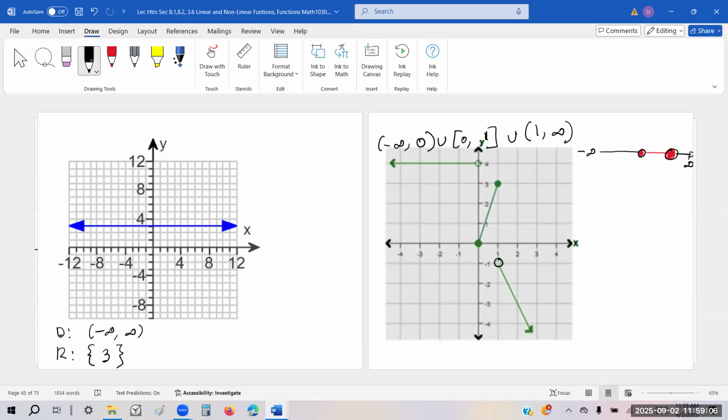Then you start again at 1 and keep going forever. So how much of the x-axis are you using here? From what to what? Negative infinity to positive infinity. Even though you have a break, because where you stop, you start at the same point, you don't have any gap. So here it looks like we have a gap, but at the end we don't. So our final domain is negative to positive infinity.